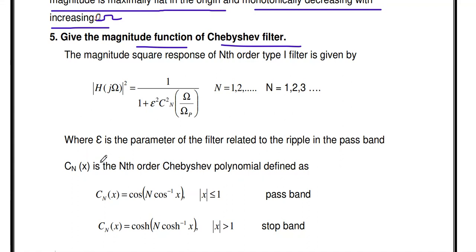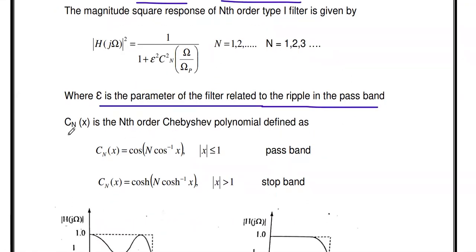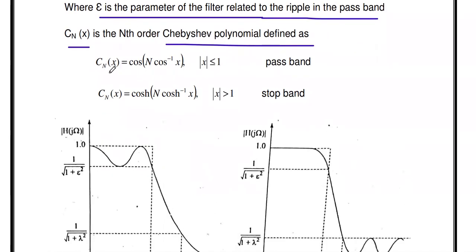Okay. So where epsilon is a parameter of the filter related to the ripple in passband, and the Cn of x is nothing but the Chebyshev polynomial of order n, where n varies from 1 to 3 etc. And this Chebyshev polynomial Cn of x can be expanded as Cn of x is equal to cos of n cos inverse x for the x value less than or equal to 1, this is for passband.